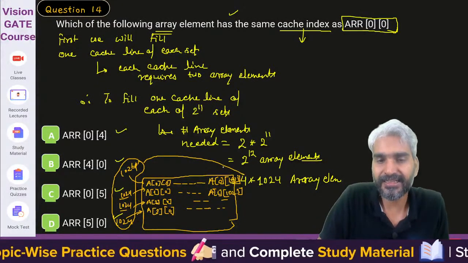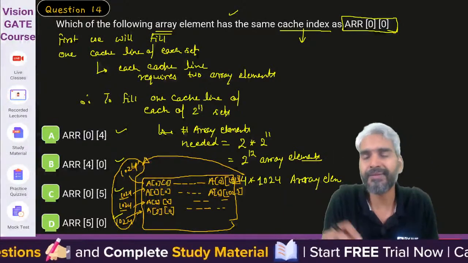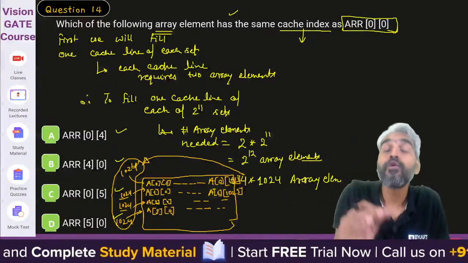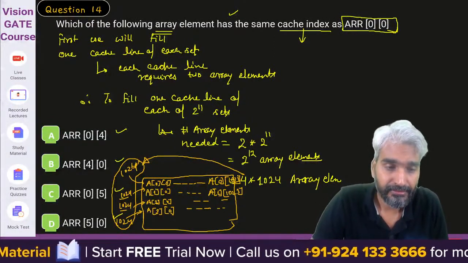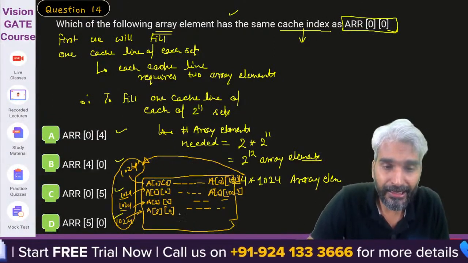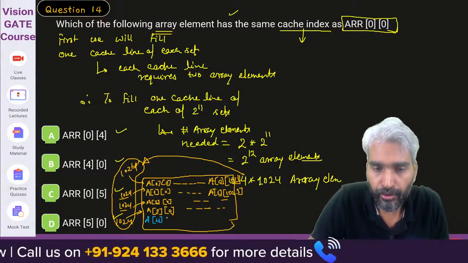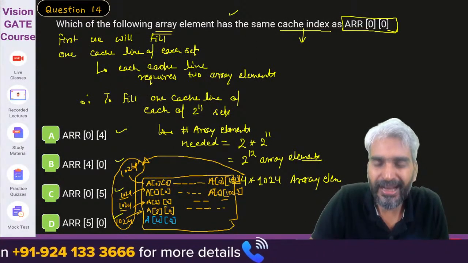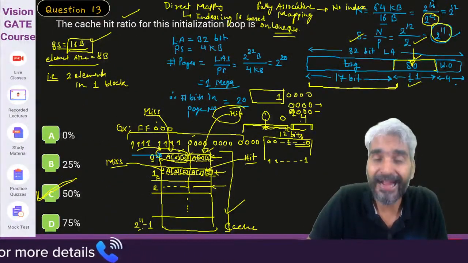While you are accessing these 4 into 1024 elements, you will only be filling one cache line of each set. But the moment you try to access the array element A40, you will again have to go back to set 0.